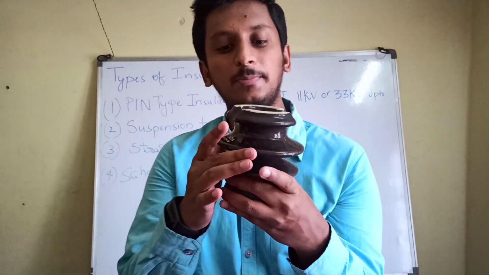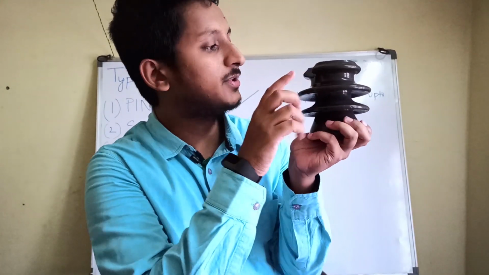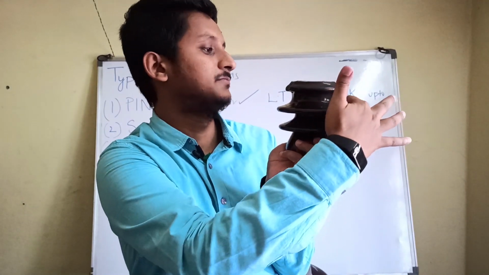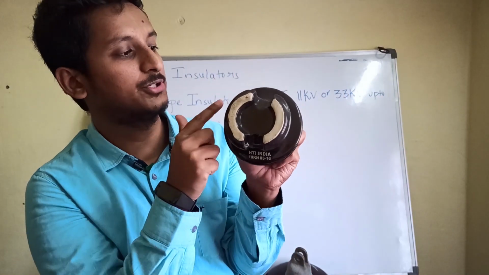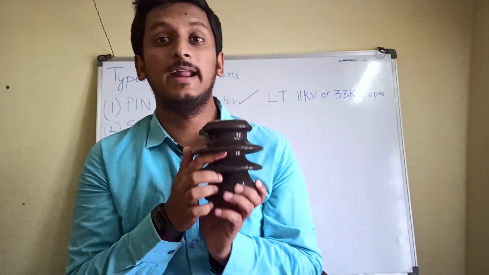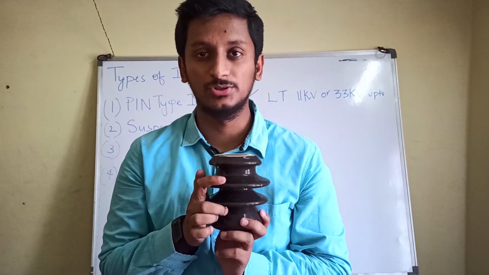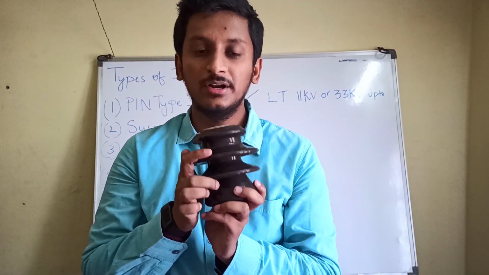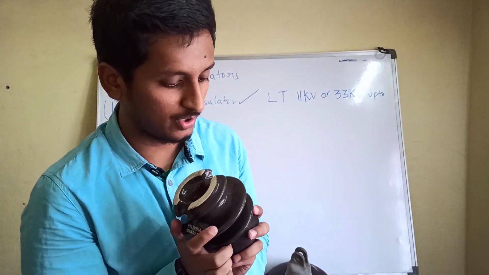Next part I would like to explain is the topmost part, which is called rain sheds or petticoats. Why it is called this, you have to understand.